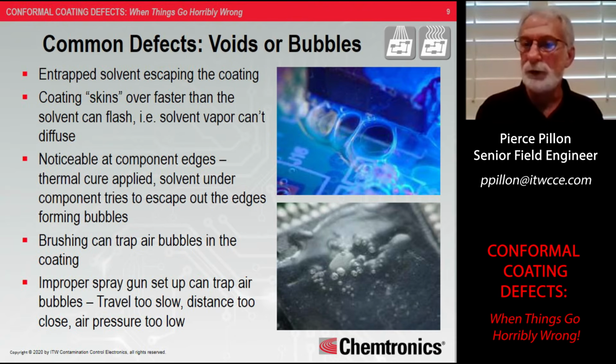If your air pressure, and by the air pressure, I'm talking about your push pressure, either in your selective system, which you generally don't see that in a selective system, but it can happen. It's more obvious in a spray gun. If that's too low, it can entrain bubbles.